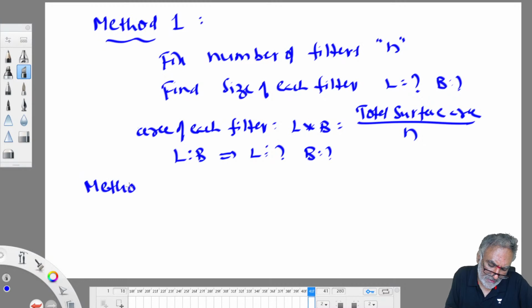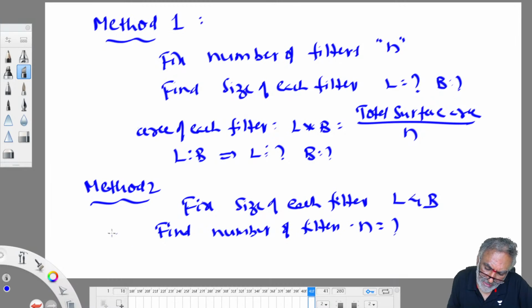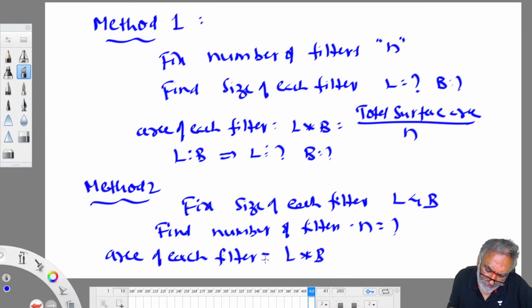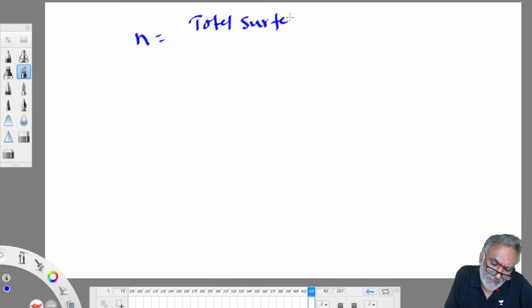And method 2 is, fix the size of each filter, L and B, and find the number of filters. So if we fix the size of each filter, then the area of each filter is equal to L into B. Then the total number of filters we need to provide is equal to total surface area by area of each filter.